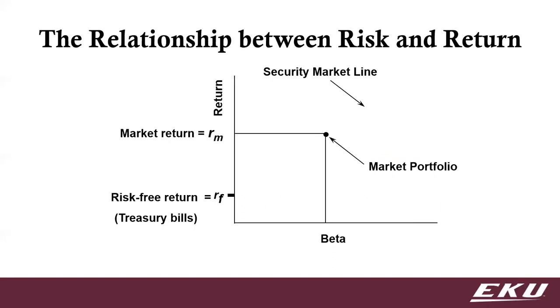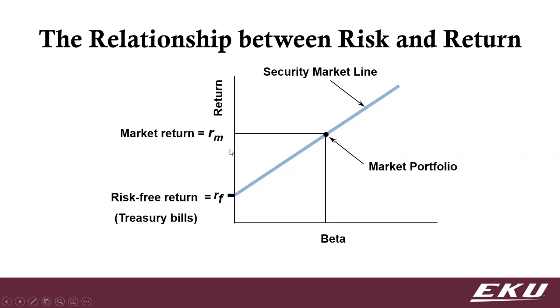Okay. So we have a market portfolio. Remember that we said the beta is 1 and it gives you the return on the market. We know there's a risk-free rate and then there's this security market line that connects those. And so this is our relationship between risk and return, going from 0 to 1 beta, from the risk-free to the market rate.